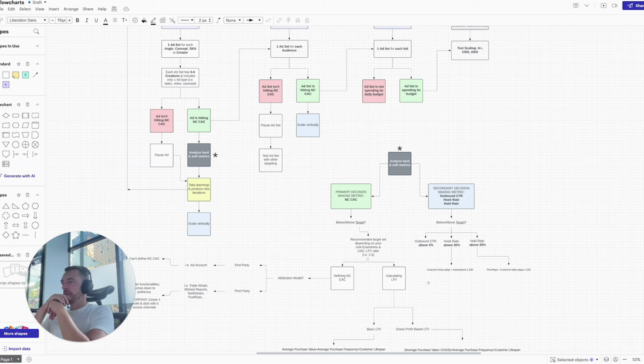Or the hook rate is bad, but the hold rate is good. Then you can work on improving your hooks, or you have certain hooks that work really well on different ads, and then you just test different angles for the lead body, etc.